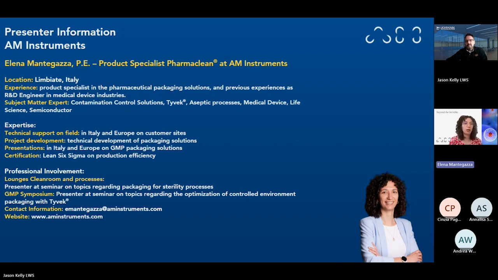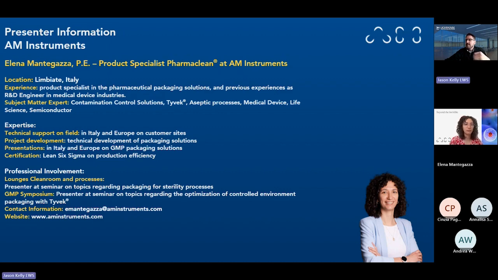The two processes are different, but I think that in particular, medical devices that go in deep contact with the patient, so with blood, bones, this kind of devices, will arrive at the same level of sterility that we have in the pharmaceutical field.